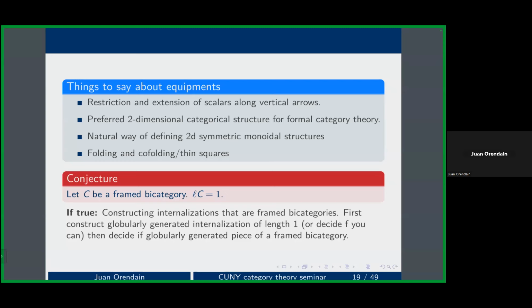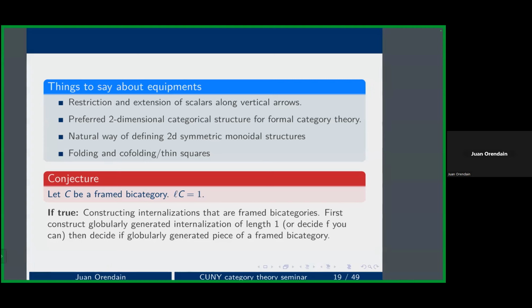That is an easier problem. Then decide, given a globularly generated double category of length 1, if that is the globularly generated piece of a framed bicategory, also easier. That breaks the problem of deciding if a decorated bicategory can be extended to a framed bicategory into two more manageable steps. So we do want this conjecture to be true.